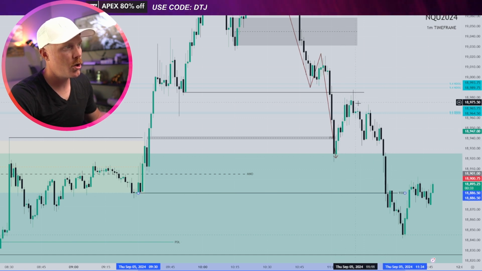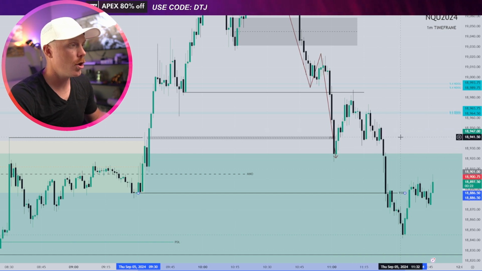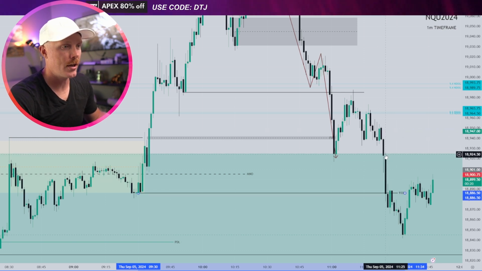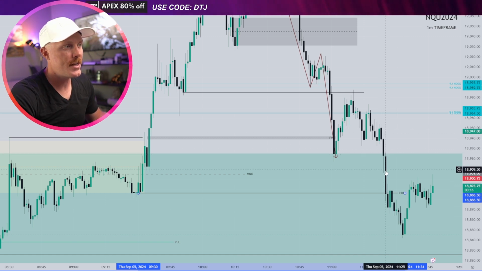The last thing that you want to know is that once we start expanding lower, after your second stage distribution, it tends to be very, very aggressive. And I called this out in the stream. You can check out the stream. I'll link that video up here. But you can see right here that it went and ran this level in 2 candles.